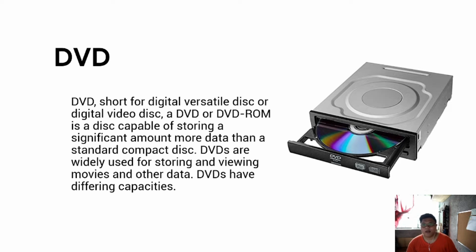It's the reason why most movies are available on DVD, because if I'm not mistaken, 4 gig is the capacity of a digital versatile disc. DVDs are widely used for storing and viewing movies and other data. DVDs have different capacities as well.